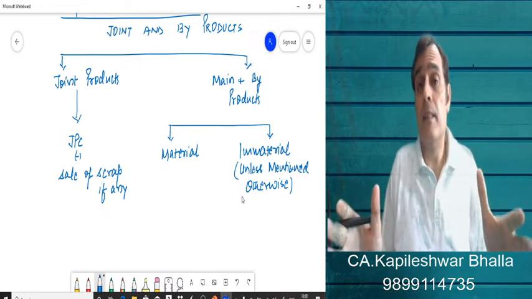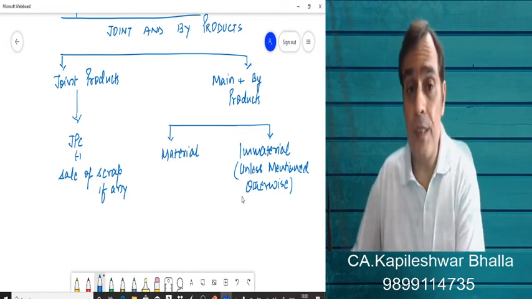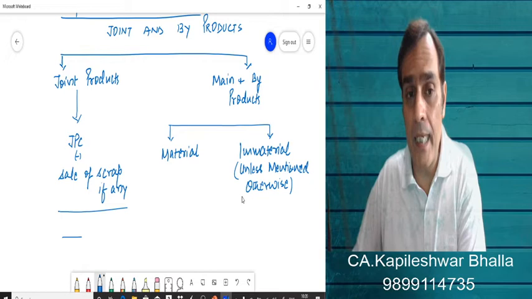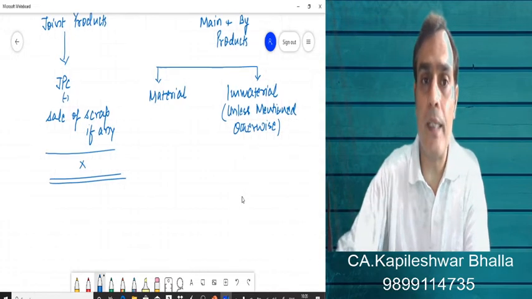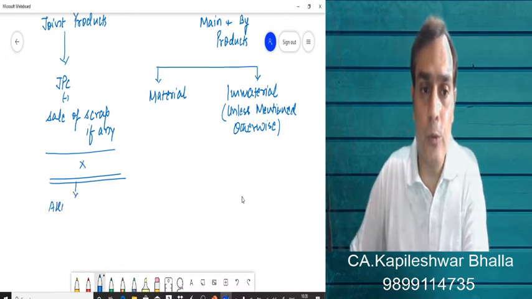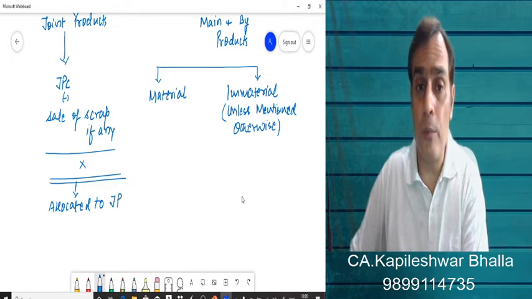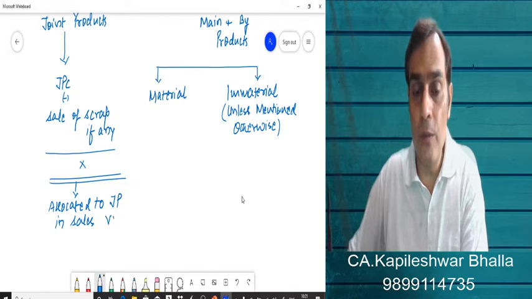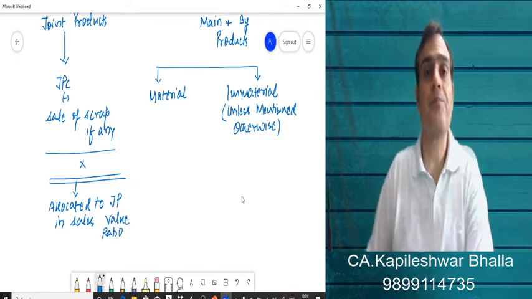So we need to remember that that's a normal concept, that from the JPC, you need to reduce the sale of scrap, if any, and whatever is the net value which you're going to get, this net value is going to be allocated to the joint products in sales value ratio.